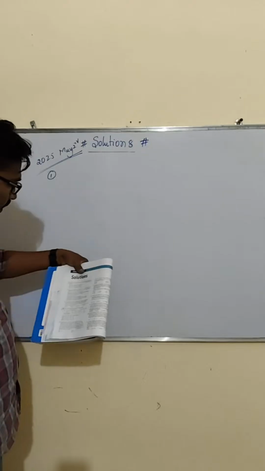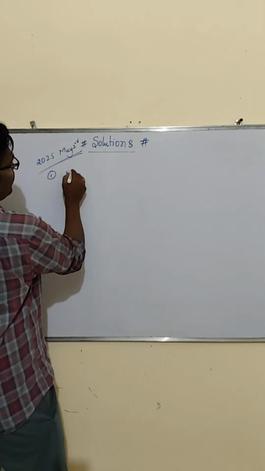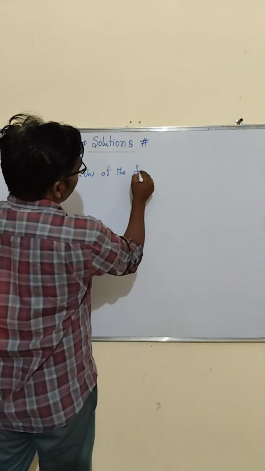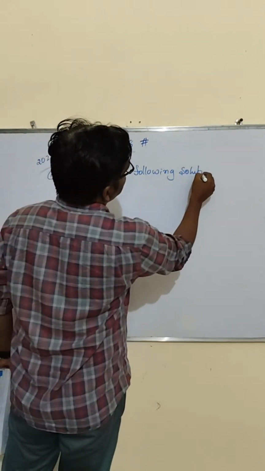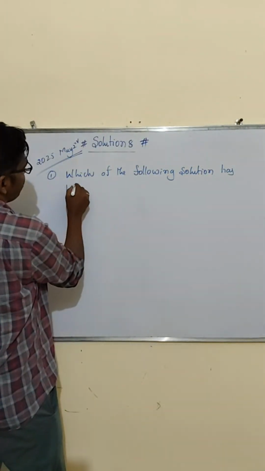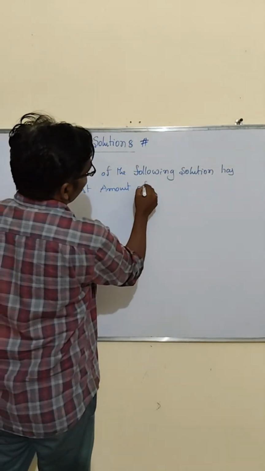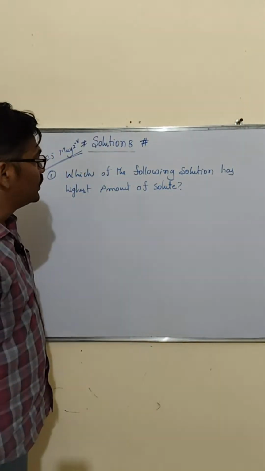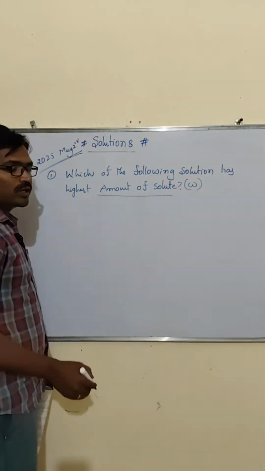The question is: which of the following solutions has the highest amount of solute? Look at the question carefully. The amount of solute is nothing but W, that is, the weight we have to calculate.